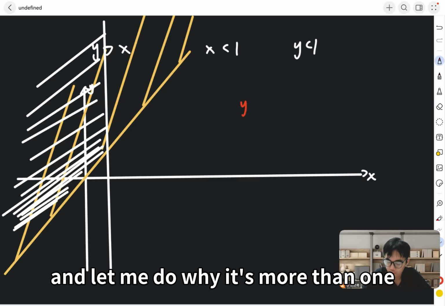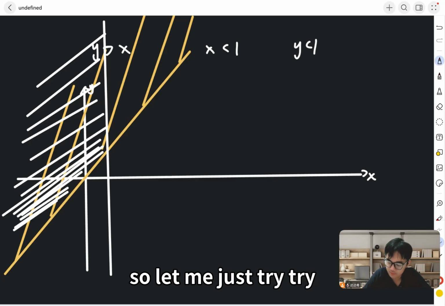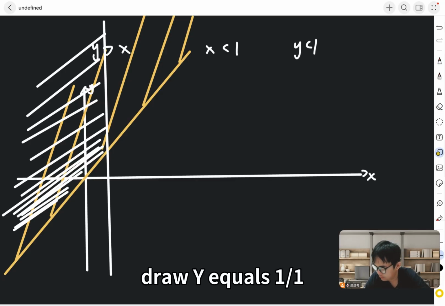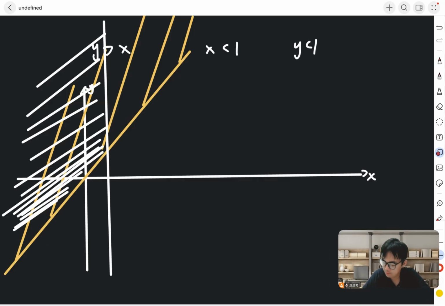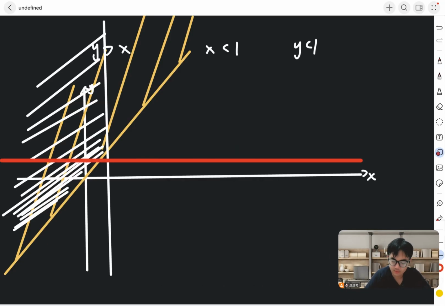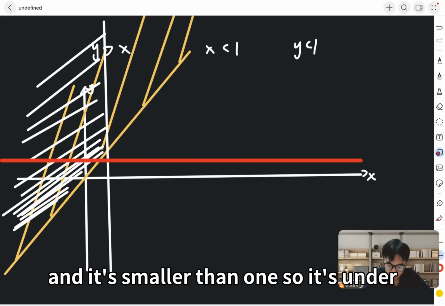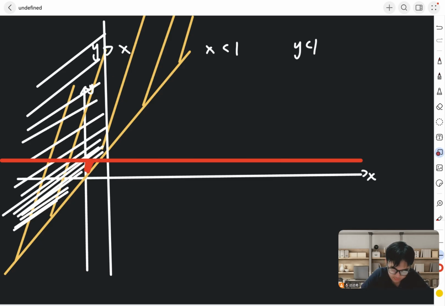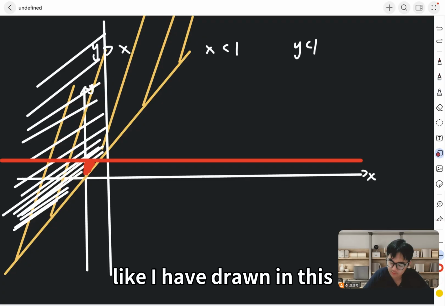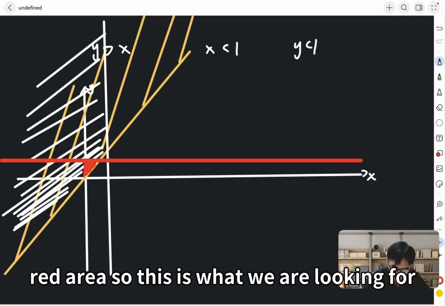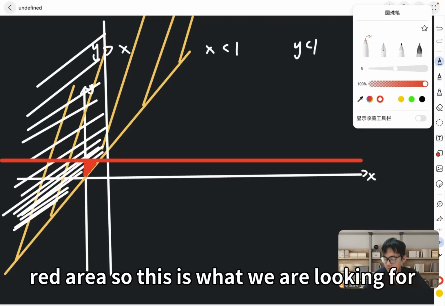And let me do y is smaller than 1, so let me just try to draw y equals 1 first. So it means this area. And it's smaller than 1, so it's under it. But considering their intersection, it only has the part like I have drawn in this red area. So this is what we're looking for.